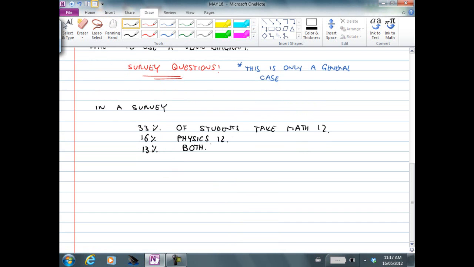Look at the setup for Venn diagram questions. All questions have a very similar setup. My question to you is this: what percent take neither?